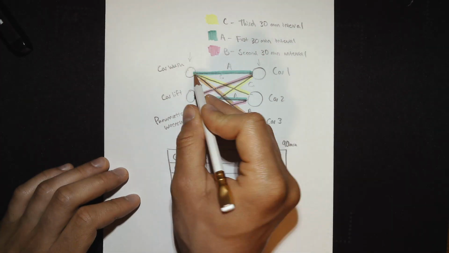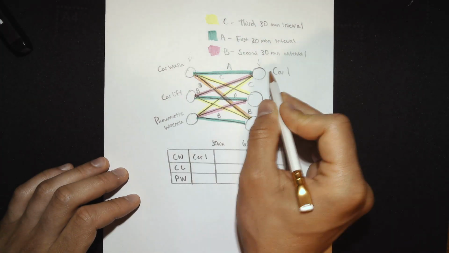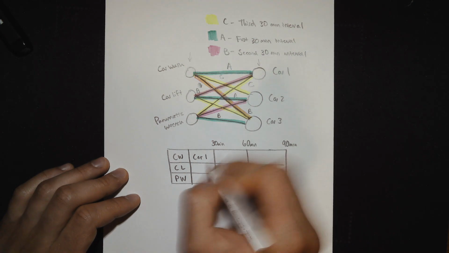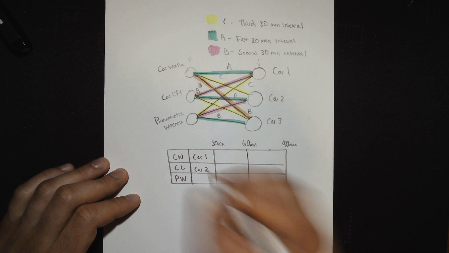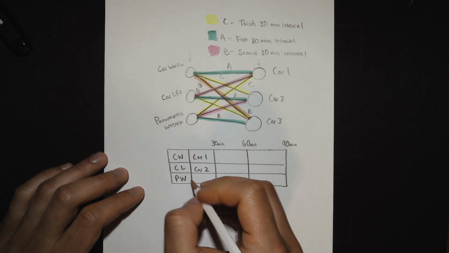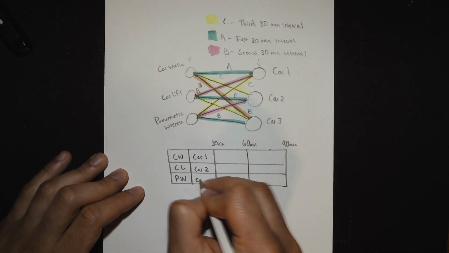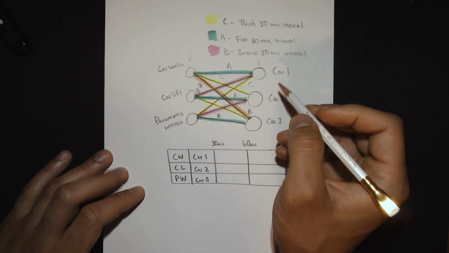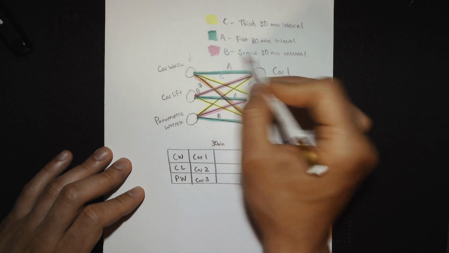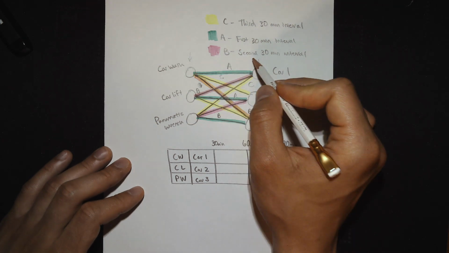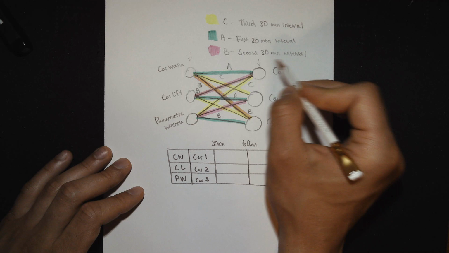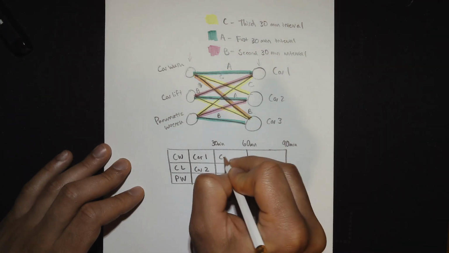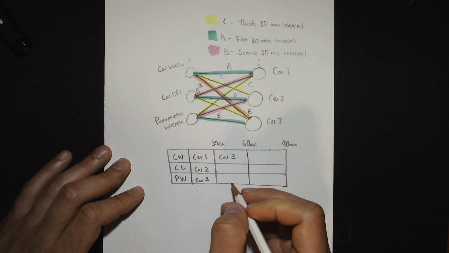So car wash working on car 1 would happen during the first 30 minutes. Car lift working on car 2 would happen during the first 30 minutes, and the pneumatic wrench working on car 3 would happen during the first 30 minutes. And then the edges that are colored pink, or given the label B, will happen during the second 30-minute interval. So car wash working on car 3 will happen during the second 30 minutes.